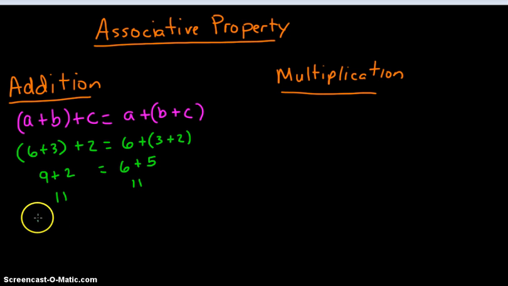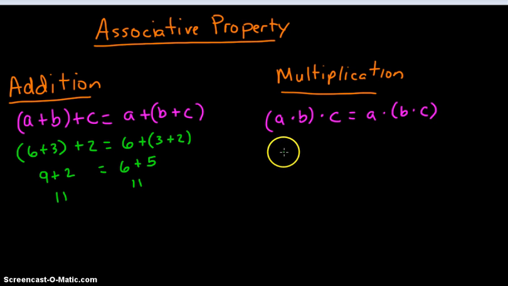So there's an example. I don't want to really show you the algebra because that might be confusing for now, but you'll see later on why we can do it. Multiplication. A times B times C is the same as A times B times C with different grouping.